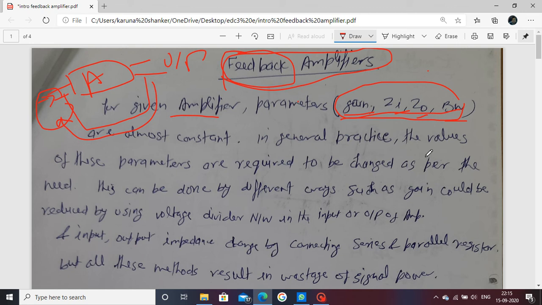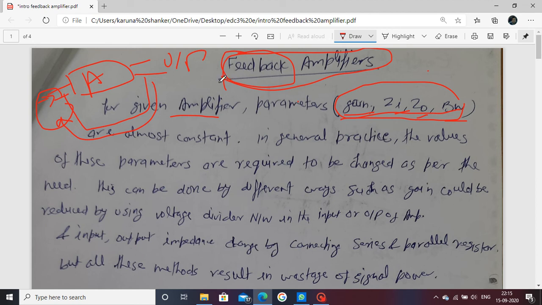Now, if we use these passive components such as resistors or a voltage divider network, the drawback is that they lose power. By using these passive components, the output voltage or power is lost when the amplifier is used for a particular signal.